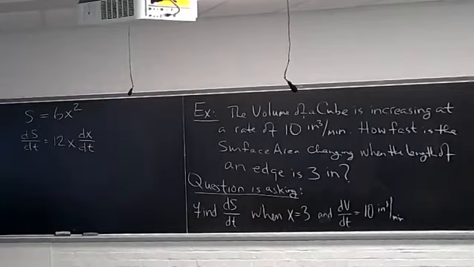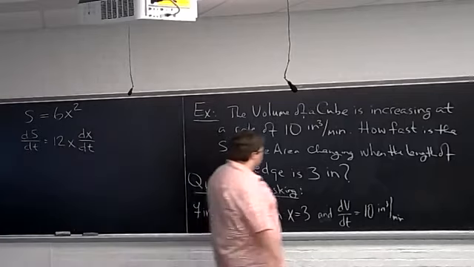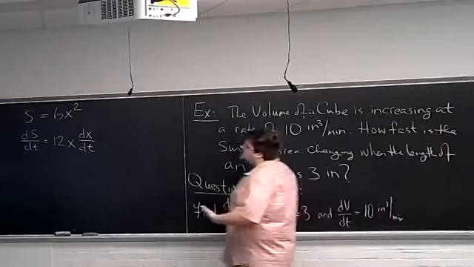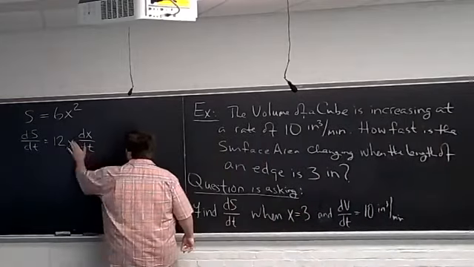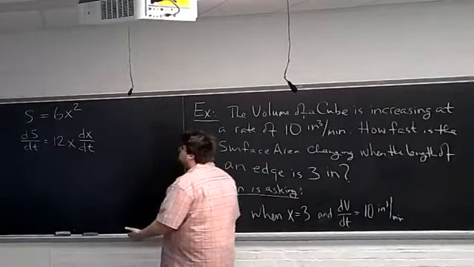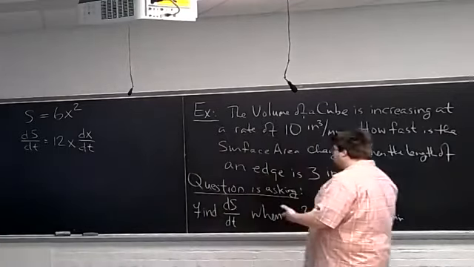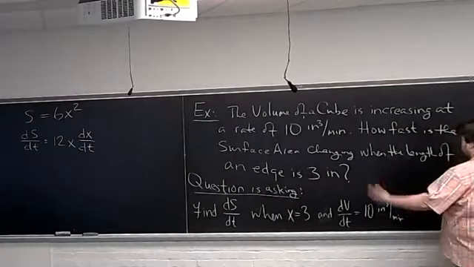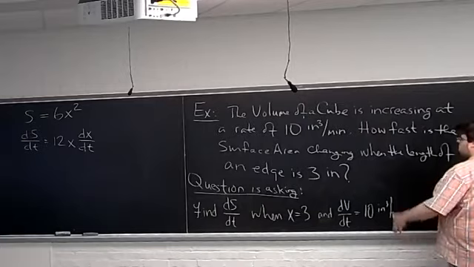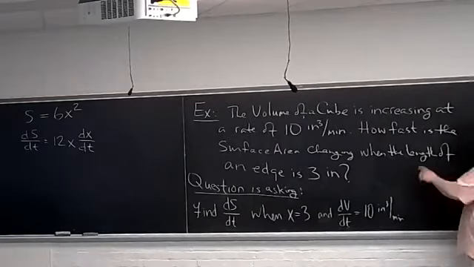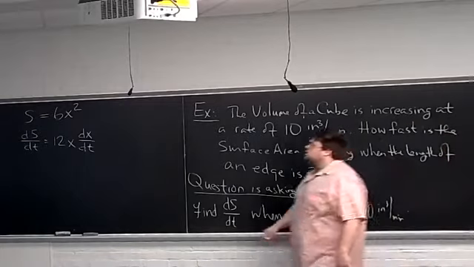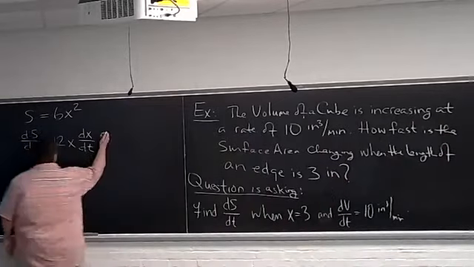Well, there's dS/dt when x equals 3 and dV/dt equals 10. In order to find dS/dt, we need dx/dt. I don't see dx/dt anywhere in our rephrasing of the sentence. The example doesn't tell us exactly how the edge length is changing. It just tells us about how the volume is changing. So we're going to need to find dx/dt.